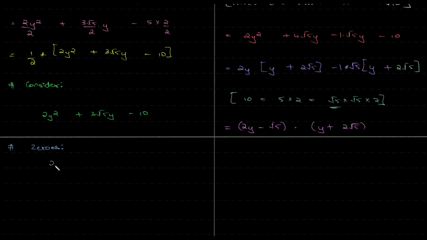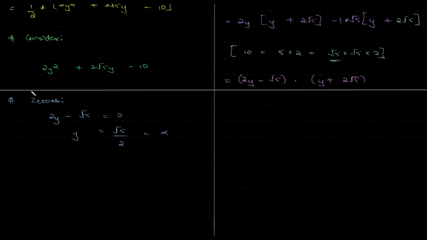So we have 2y minus root of 5 is equal to 0. So y is equal to root 5 divided by 2. So this we can take as alpha. And then we have beta as y plus 2 root of 5 is equal to 0. So y is equal to minus 2 root of 5. This is beta.